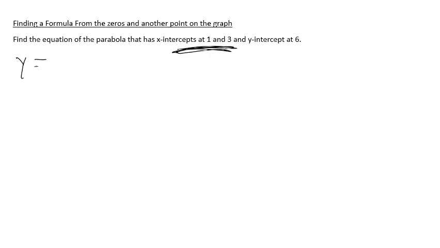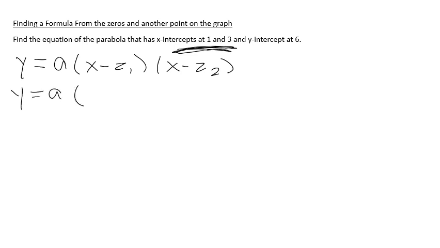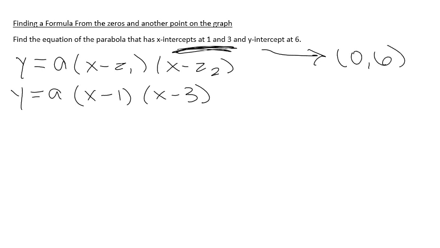So I know that factored form looks like this from the very first slide we did, y equals a times x minus z1 times x minus z2. And so y equals a, I have my two zeros or my two x-intercepts, x minus 1 times x minus 3. And then I know that I have a y-intercept at 6. That means that I have the point 0, 6 on the graph.